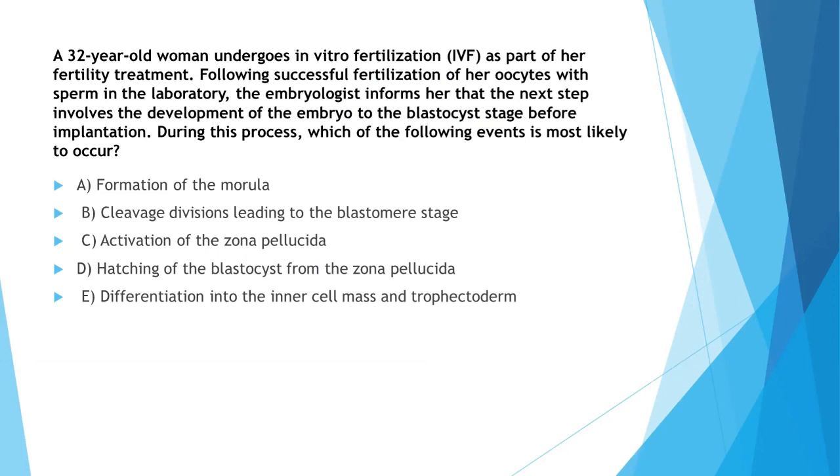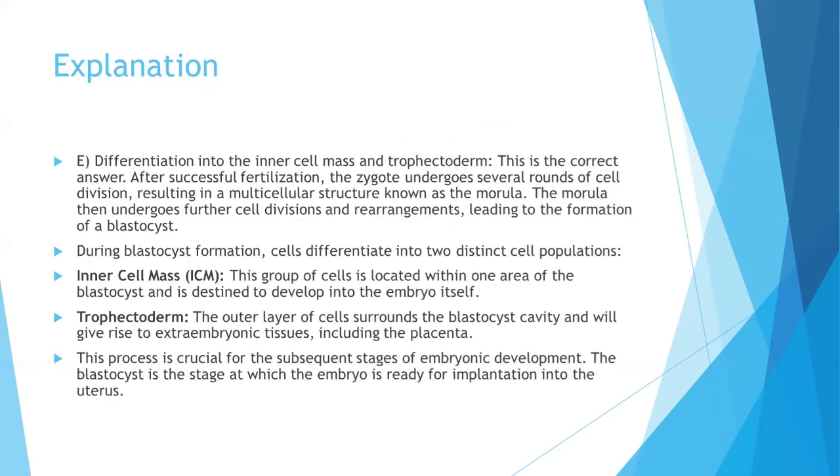Now, during this process, which of the following events is most likely to occur? Formation of morula, cleavage divisions leading to blastomere stage, activation of zona pellucida, hatching of the blastocyst from the zona pellucida, or differentiation into the inner cell mass and trophoectoderm.